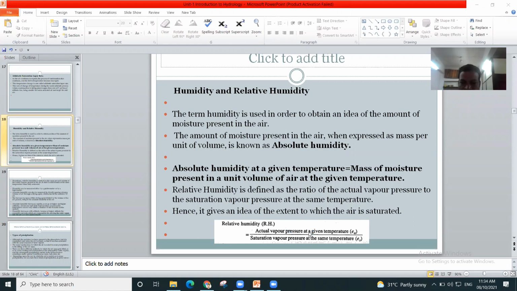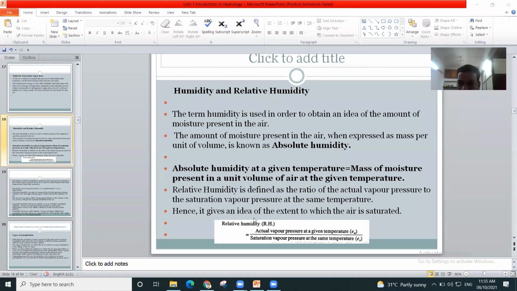For the same temperature, saturation vapor pressure is also measured. The ratio of this actual vapor pressure and saturation vapor pressure is said to be relative humidity.